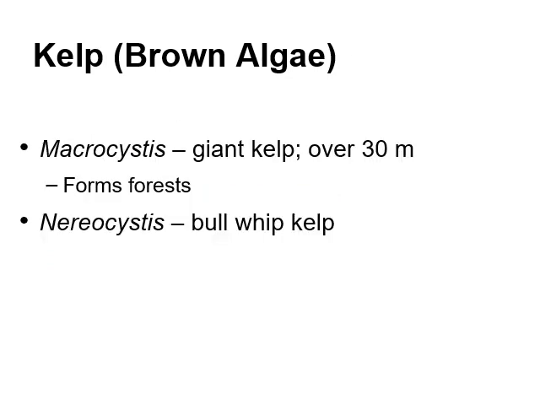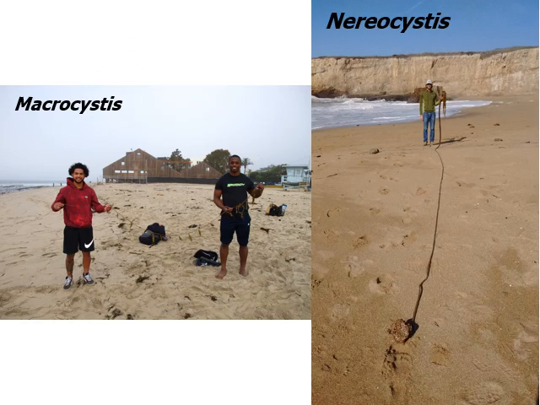So there's kind of two big kelps that we have on the west coast here. So we have what are known as macrocystis, the giant kelp, which can be over 30 meters, so over roughly 100 feet. And these are the things that form really big forests. And then we have what are known as nereocystis, which are the bullwhip kelp. So macrocystis is the one that has really thin stipes and many nematocysts and many blades.